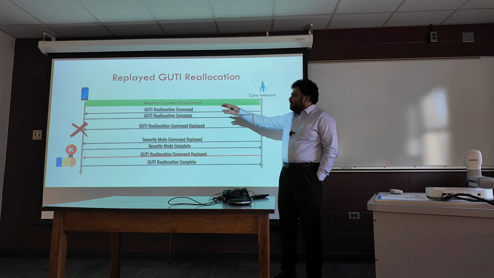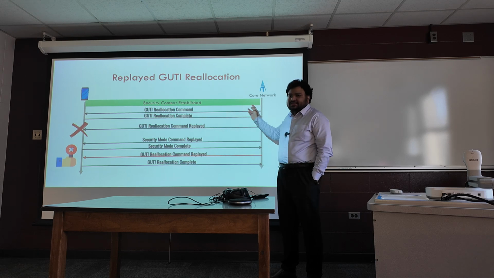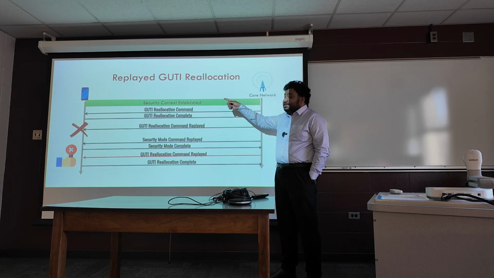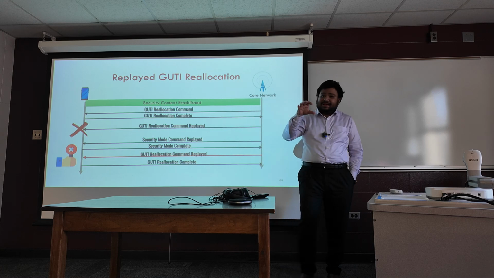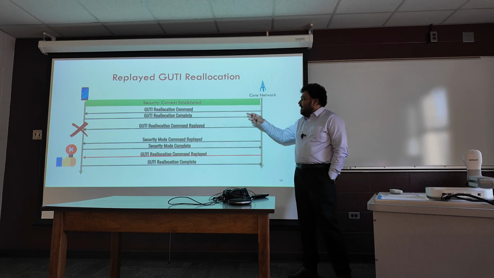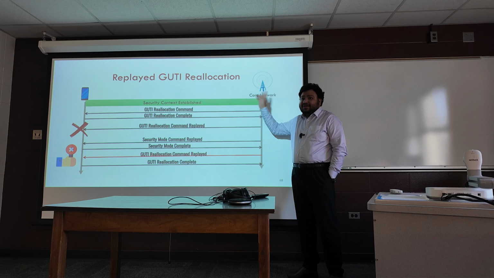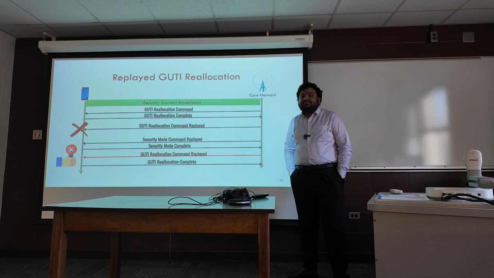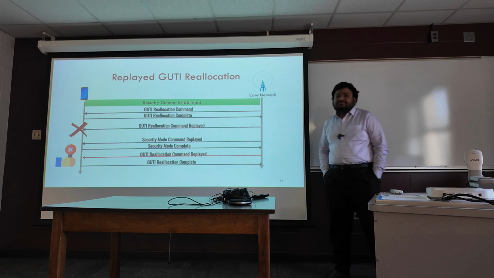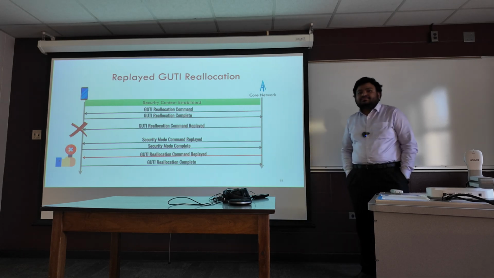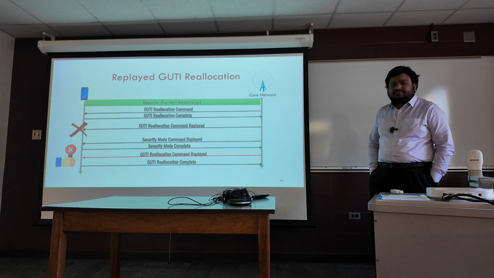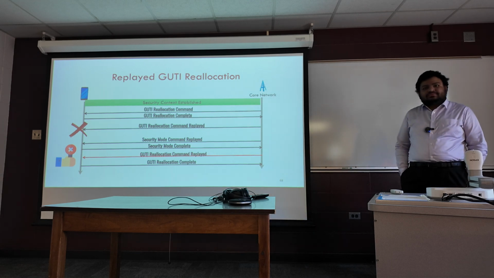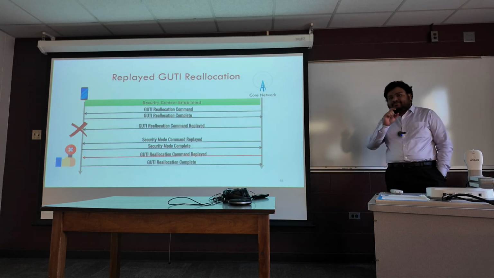You have the security context established, and it already saved this message. What it can do afterwards, because you handle both channels, is inject this replayed command in between from the man in the middle, and that will get accepted. Okay, but in this case, the security context was not established. I mean, the thing was compromised already.